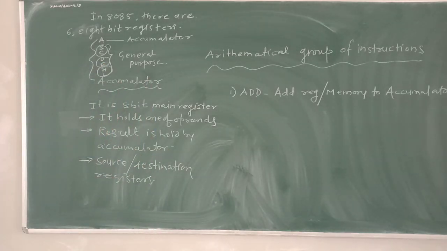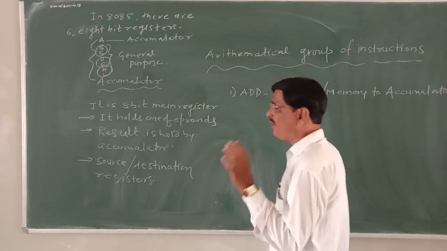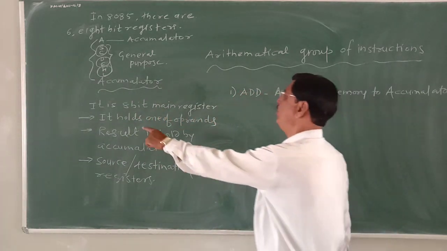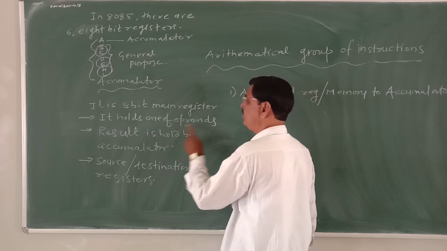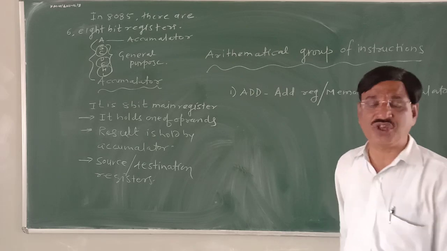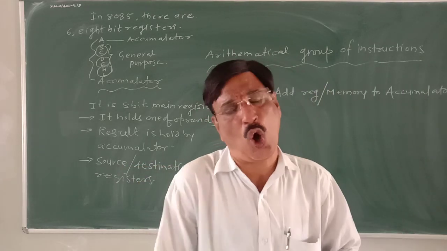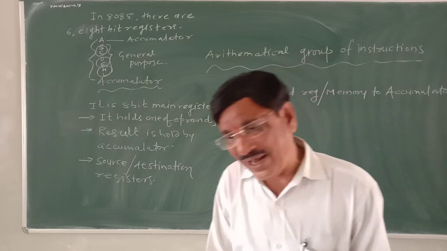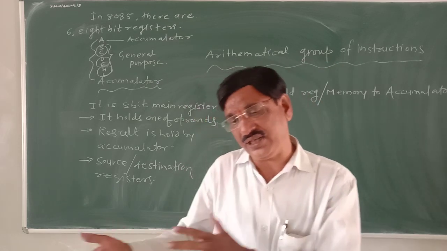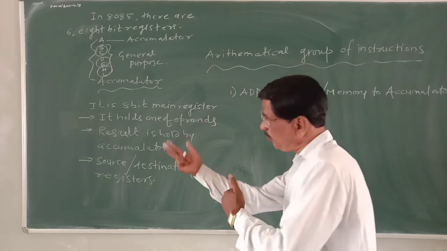The accumulator is an 8-bit register, but why is it called the main register? Because whenever arithmetical and logical operations are carried out, it holds one of the operands, and the result is held by the accumulator. Source as well as destination register means that whenever data is taken from an input device, it is available in the accumulator, and whenever data is sent to an output device, it is transferred from the accumulator.